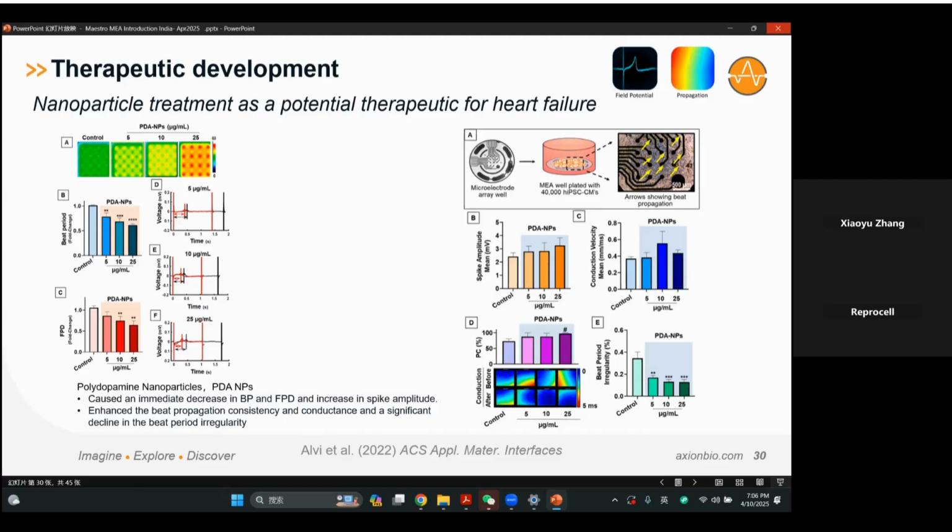It's also worth mentioning that in figure D, the treatment with the nanoparticles also enhanced the beat propagation consistency and conductance. In figure E, we could see a significant decline in the beat period irregularity after the treatment.